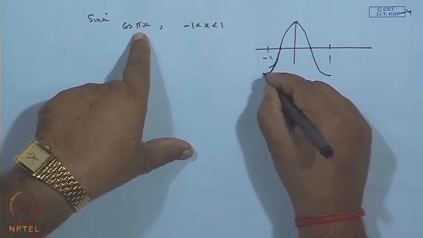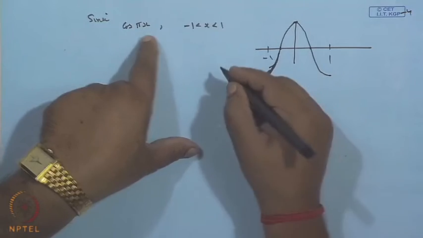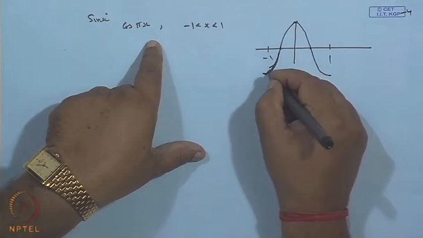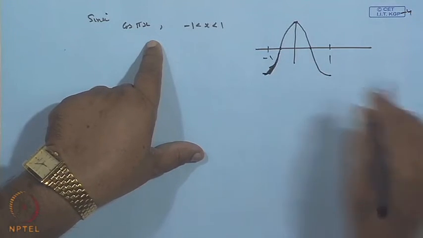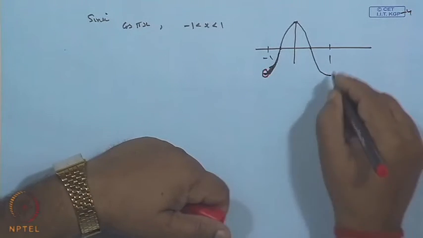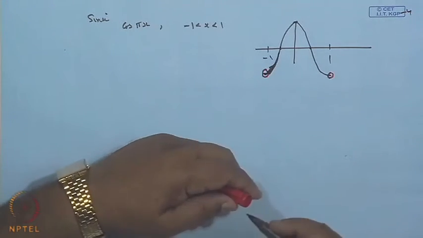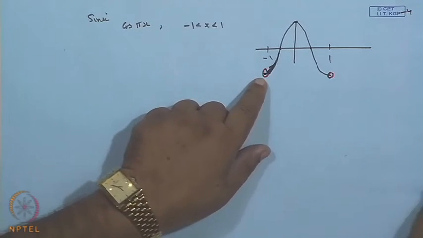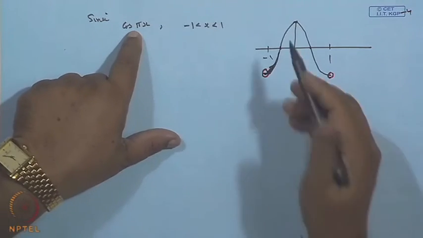Something like this. And when x equals -1, it is not touching -1. In fact, this point is not attained. Similarly, this point is not attained. But at -1 and +1, the value would be -1.